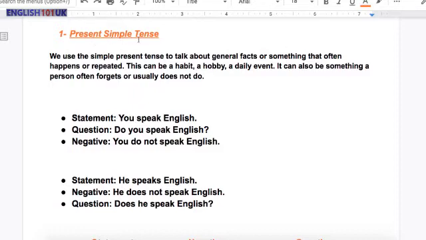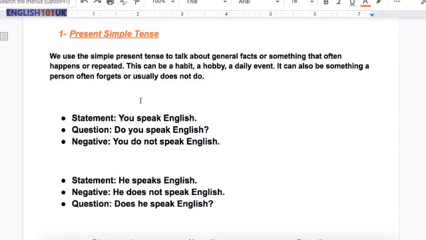In a question form, we use the helping verb. In this case, it's the verb do to form the questions. So we say, do you speak English? So we place the helping verb before the pronoun. In a negative form, again, we use the verb do as a helping verb plus not. And it comes, you do not speak English. This is with the pronoun you.